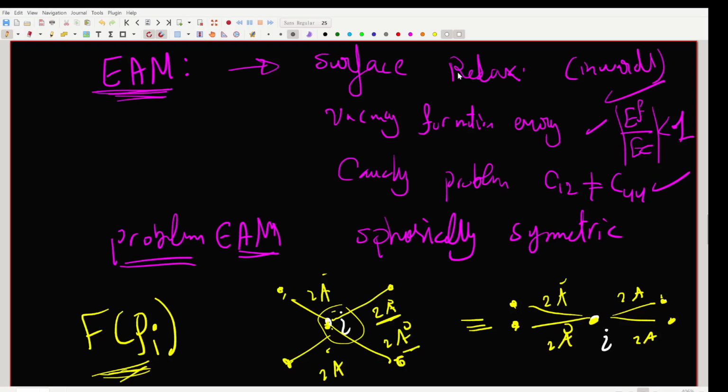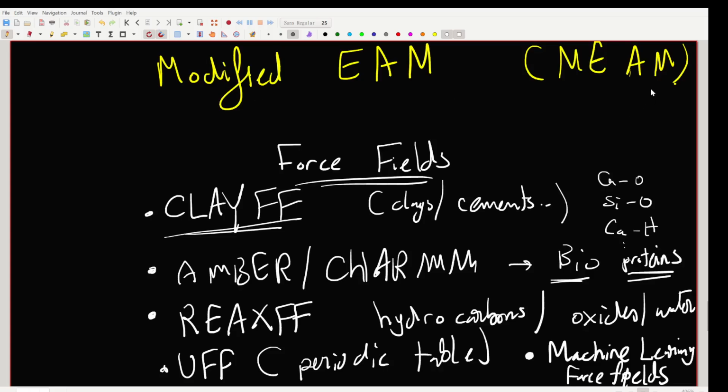Of course, it solved the key problems that we discussed, like Cauchy pressure, vacancy formation energy, and surface relaxation. But of course, it has its own problems, like it's a spherically symmetric potential. And one way to rectify this is using the so-called modified embedded atom method. No warranty that they are better than EAM or anything, but they give you some extra degrees of freedom to fine-tune your force field or your interatomic potential.